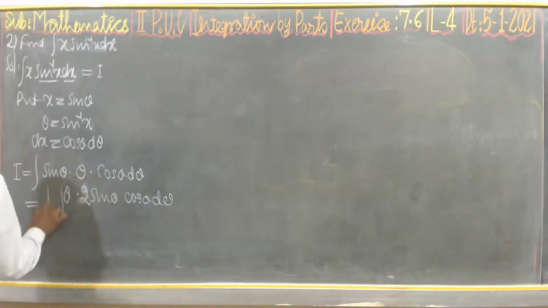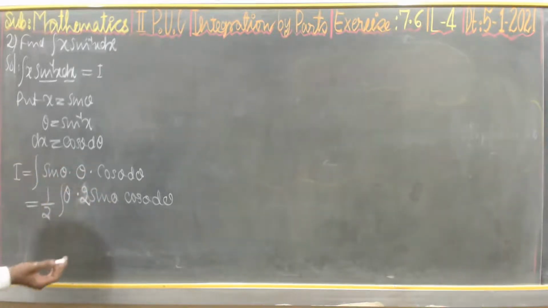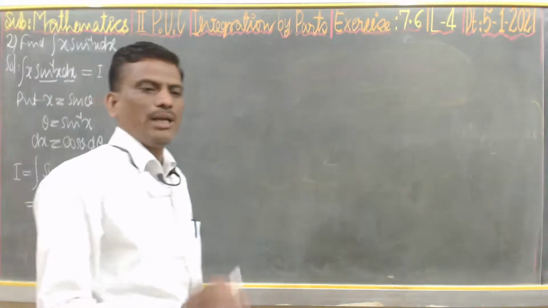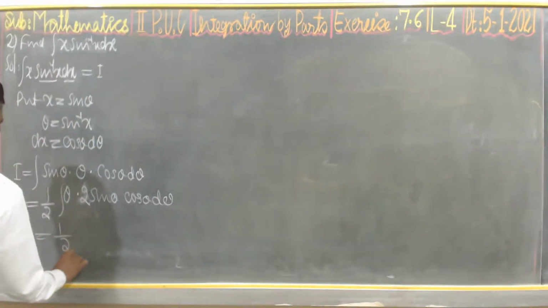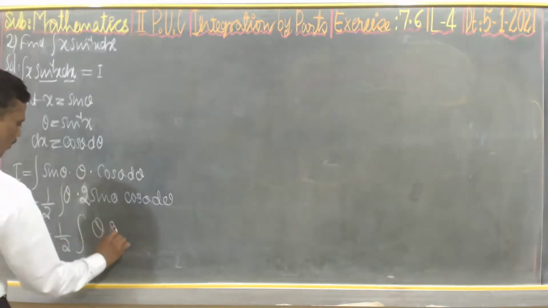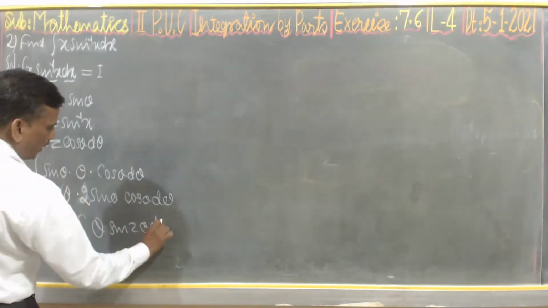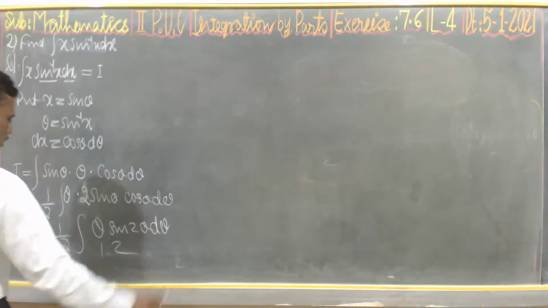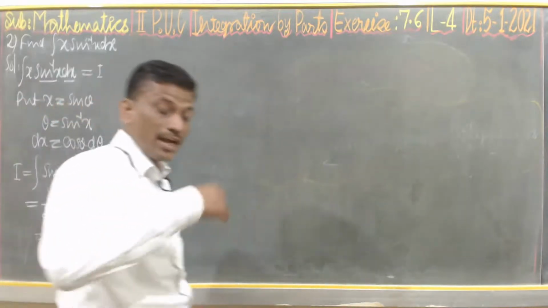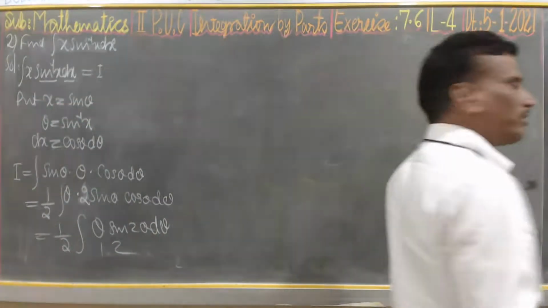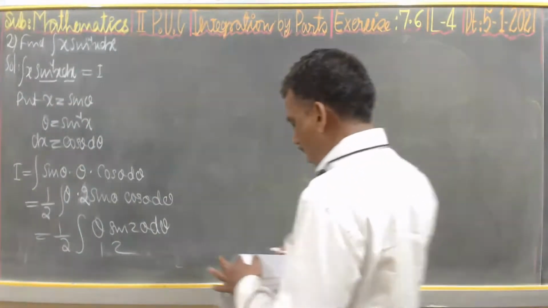Here I am writing 2 and here I am writing 1 by 2. Nothing will happen by dividing and multiplying by the same number. Why am I writing this? Because it becomes 1 by 2 times theta times sine 2 theta d theta. So next you are going to consider the first function as theta and the second function as sine 2 theta according to integration by parts.